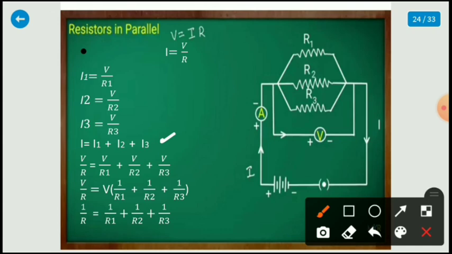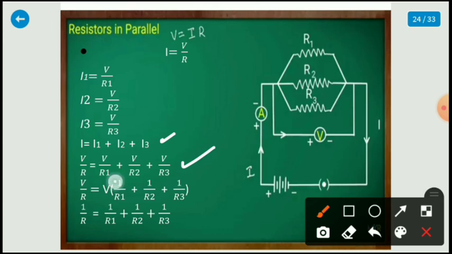Next, V is common, so we take it outside. Therefore V by R is equal to V in the bracket 1 by R1, 1 by R2, 1 by R3 summation.